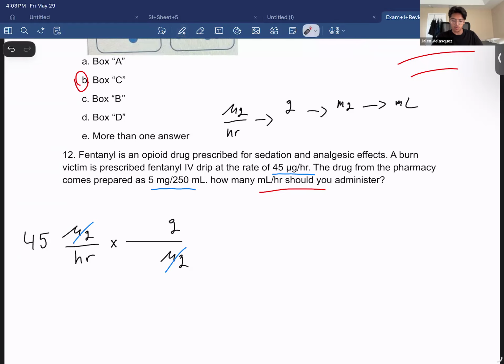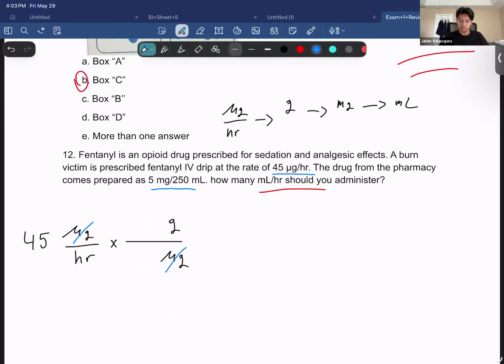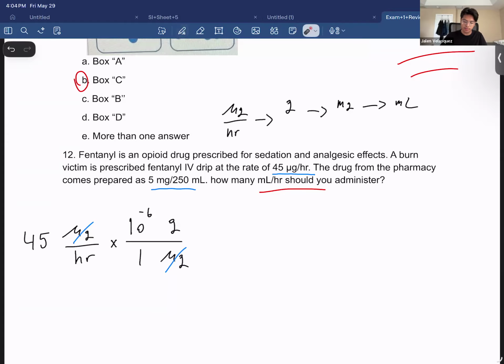Now we're going to use our exponential values from that chart that we're going to have to memorize. Once you see that chart and you memorize it, you're going to know that 1 microgram is equal to 10 to the negative 6 grams. So now I am at grams per hour.